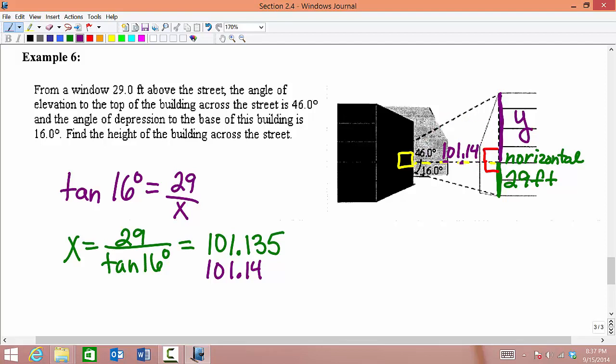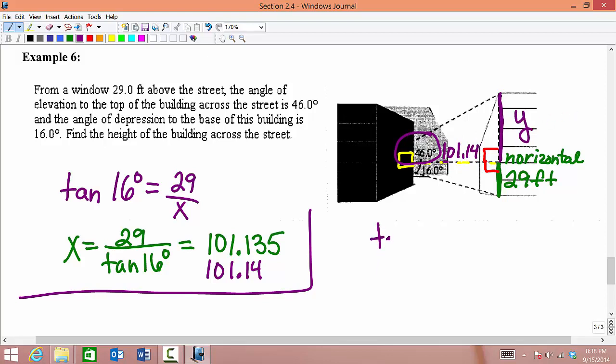Now for my top triangle, I actually know the angle and I know a side, and now I can solve for that one unknown side, y. From the perspective of our 46-degree angle within that top triangle, we know the side that's adjacent and the side that is opposite.